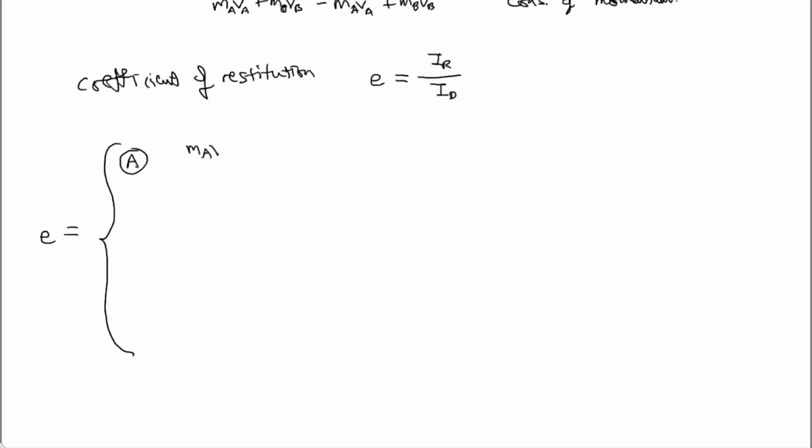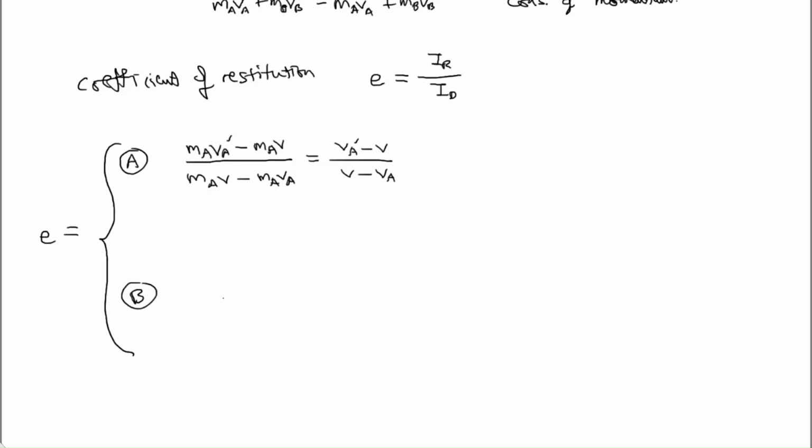That's m sub a v sub a prime minus m sub a v. And then divided by the deformation impulse, m sub a v minus m sub a v sub a. Now what we're finding here is that all the factors of m sub a are going to factor out and cancel. So we get this expression.